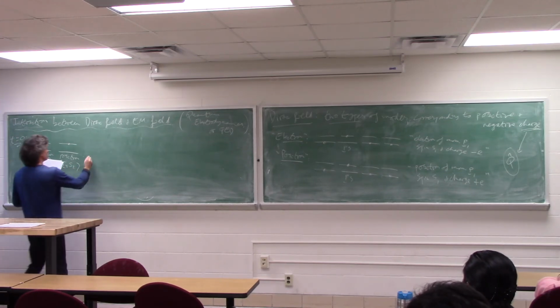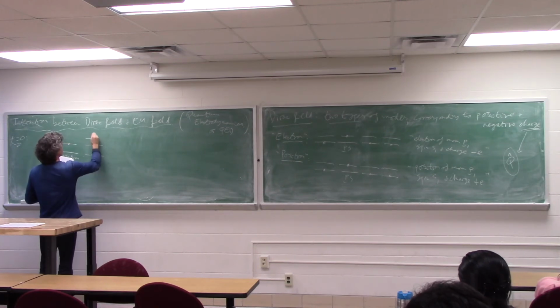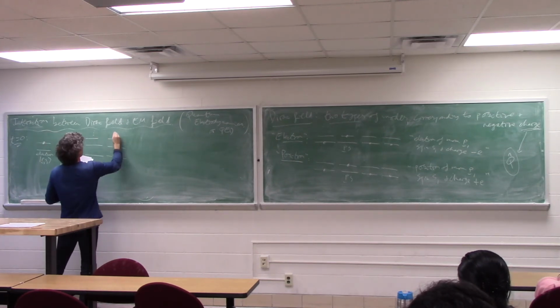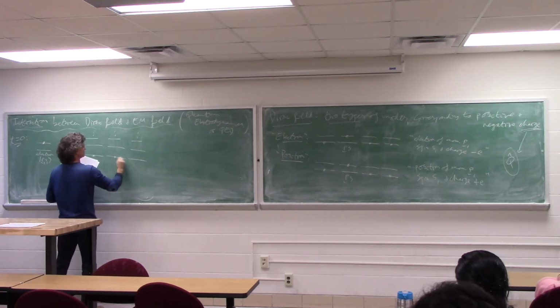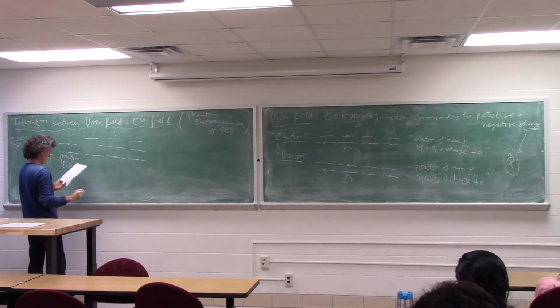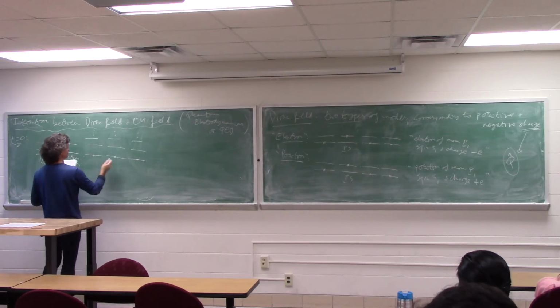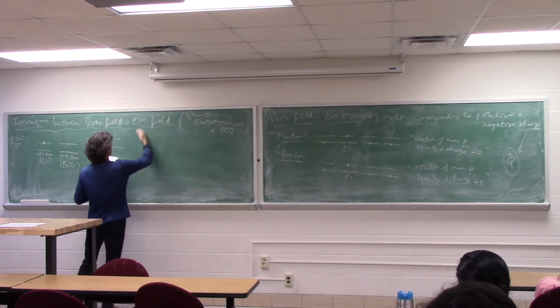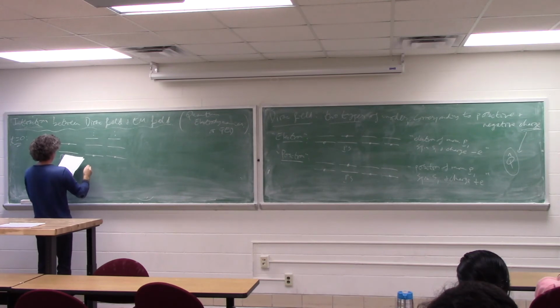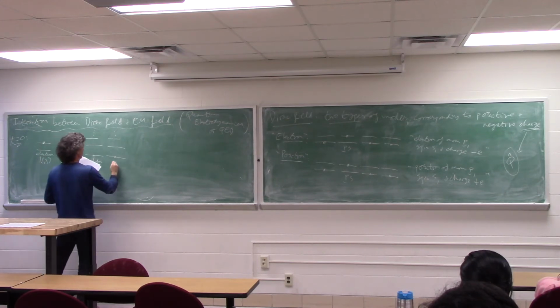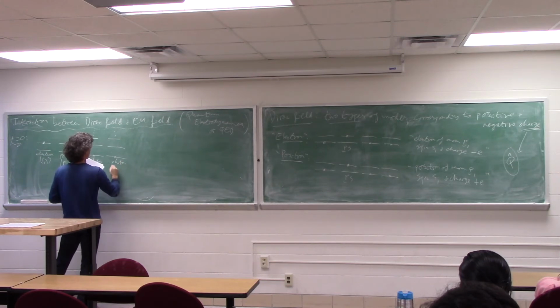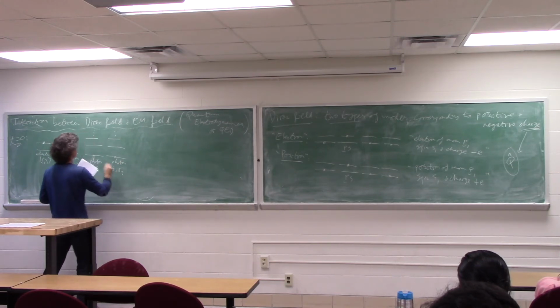Let's say that the electromagnetic field has all the modes in the ground state. Let me just draw two modes: a photon mode labeled K1R1, and a photon mode labeled K2R2.